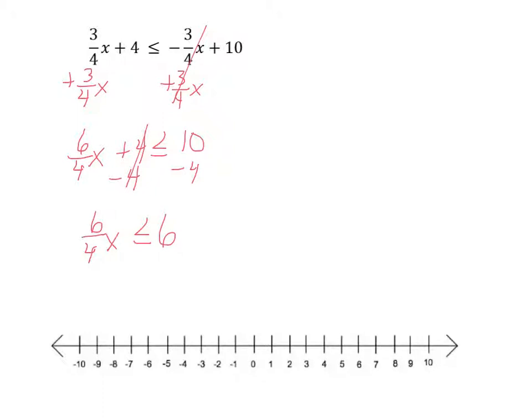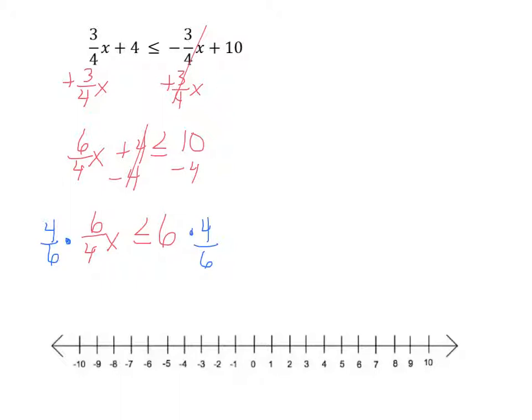Okay, on this step, to get rid of this 6/4, which I could have reduced to 3/2, which would have been fine, but I didn't, I need to get rid of that 6/4. So we multiply by the reciprocal. By doing that, everything's going to cancel nicely, but I've got to multiply this side by 4/6 as well.